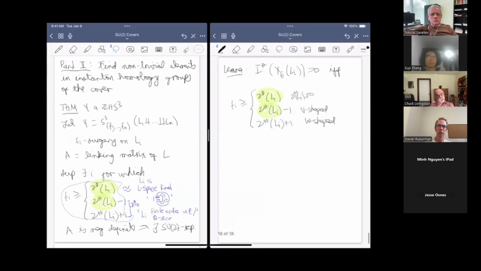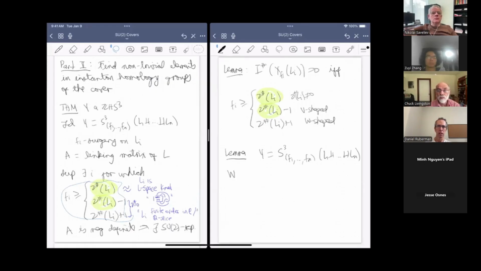And then the second lemma is that, well, now let me have my surgery description the way I had it before. I have my integer homology sphere defined in this way.